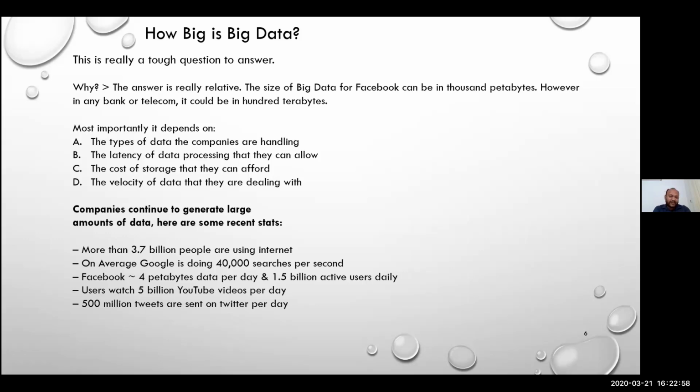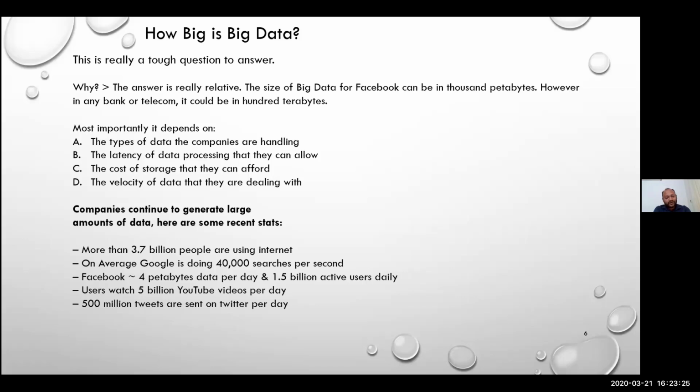So why is big data now very important? It's not new. Since 2004, Google developed its own big data technologies, and after that it was handed over to the open source community. Now, how much data are we generating daily? This is a recent snapshot I collected from the internet.